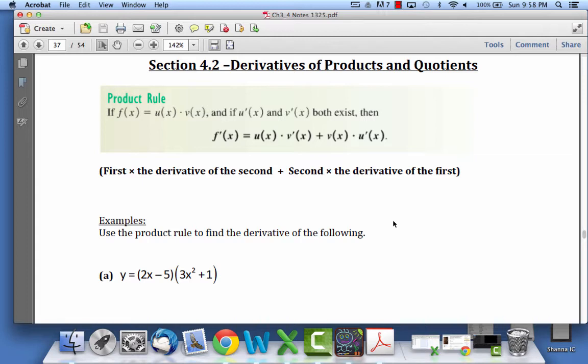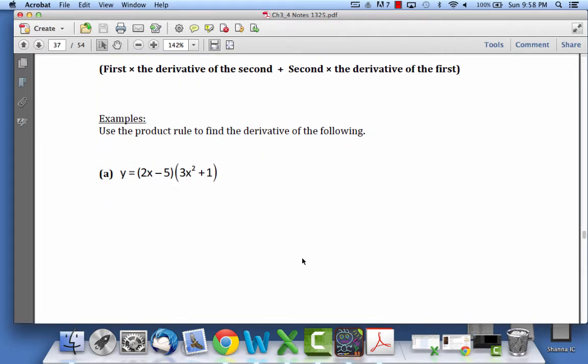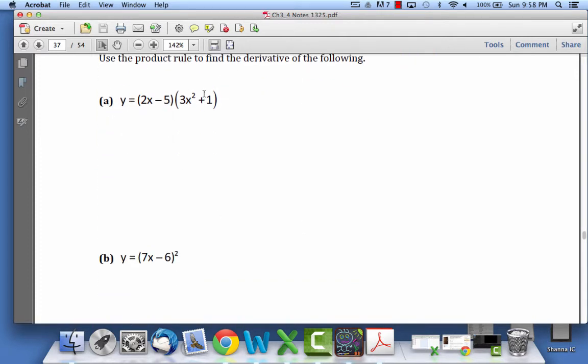And we only ever are having really one variable in this course, so we don't have to specify which variable we're considering usually. Okay, so if you saw something like this, it might actually just be faster for you to FOIL it and then take the derivative, but if you had two things that couldn't really multiply together, then that wouldn't work. So we want to practice the rule using these.